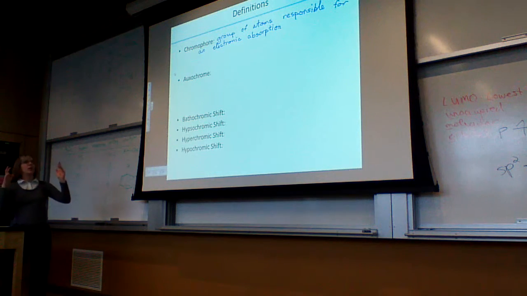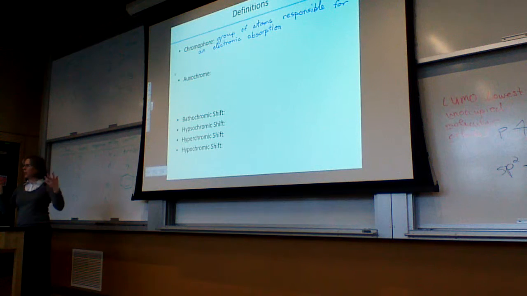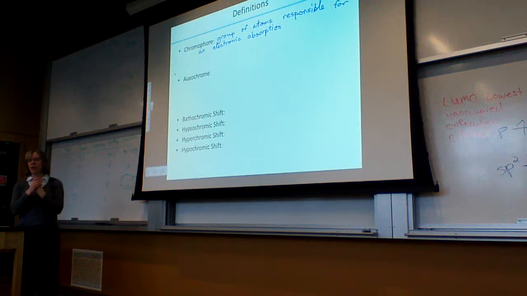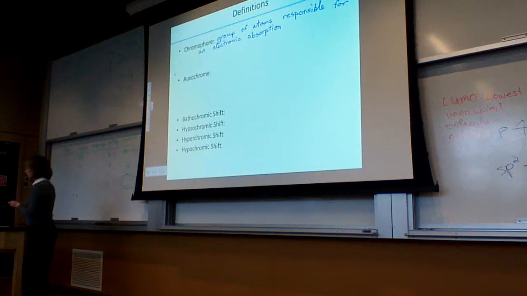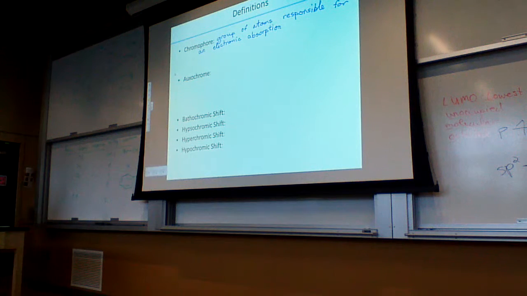So we have what we call functional groups in organic chemistry. Chromophores tend to be like functional groups, but you're not limited to just, say, if you have a ketone, it's not necessarily just the carbon and the oxygen. If we have a conjugated ketone, you're going to have other double bonds that are going to correlate with that. And so they're going to be part of the chromophore. So it's generally our functional groups, but maybe an extended group.